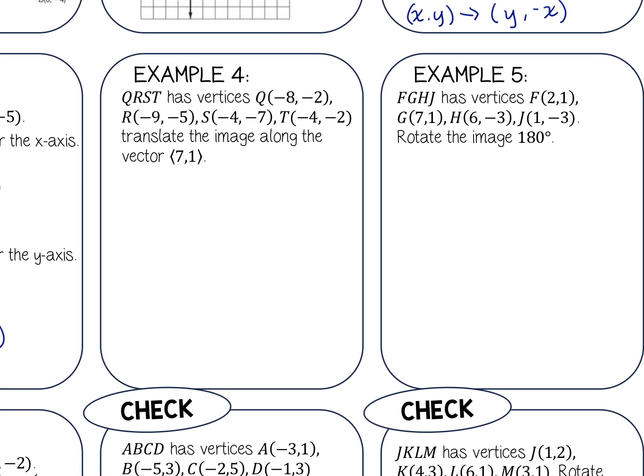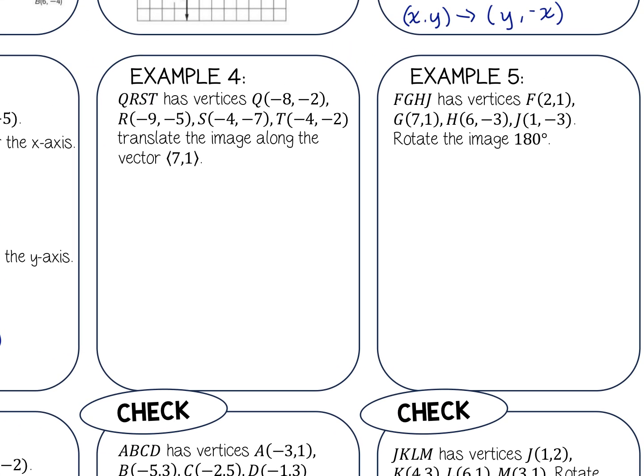All right, example 4. It gives us the coordinates for this quadrilateral QRST, and it wants us to translate it along the vector 7, 1. You might want to plan your spacing properly. So Q starts as -8, -2.